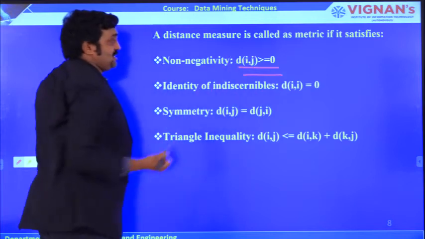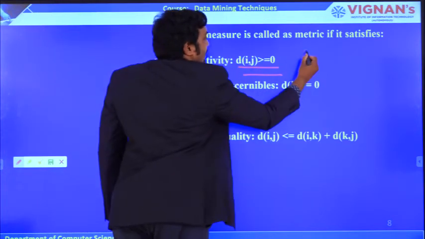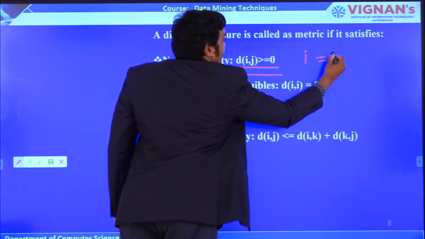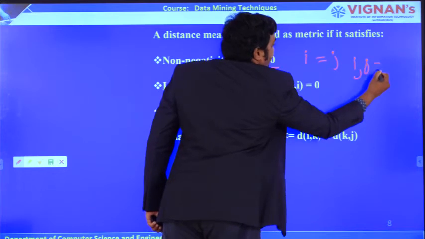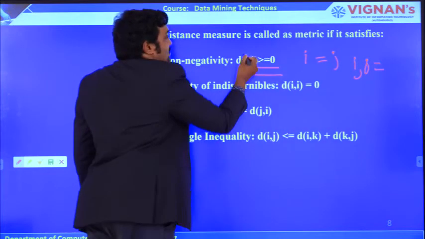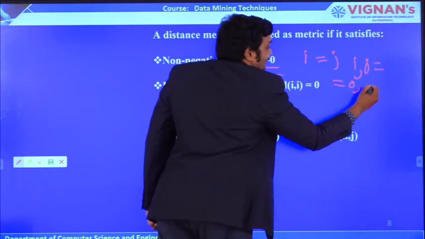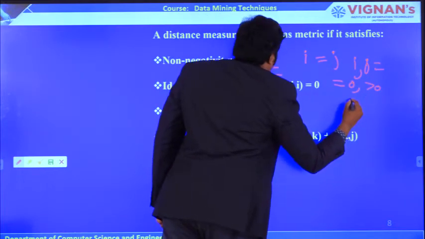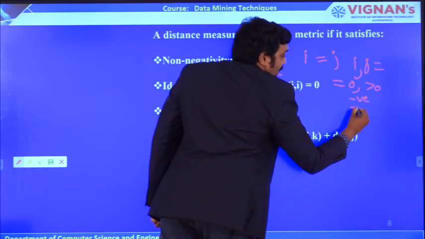Non-negative value: for two objects i and j, when I measure the value between i and j, we always get 0 or greater than 0, never a negative value. We cannot get something like minus 0.1.